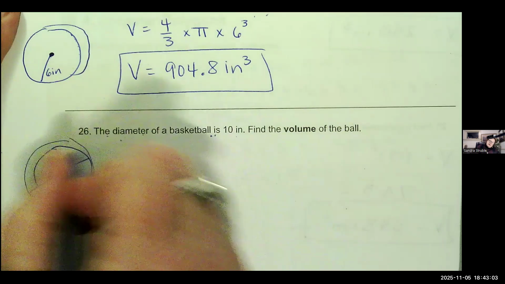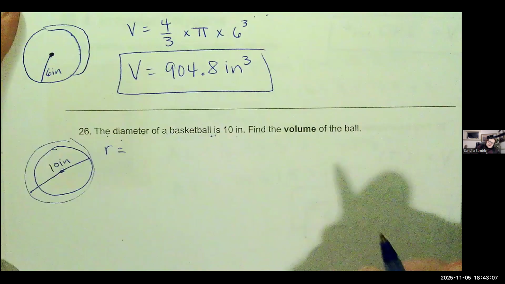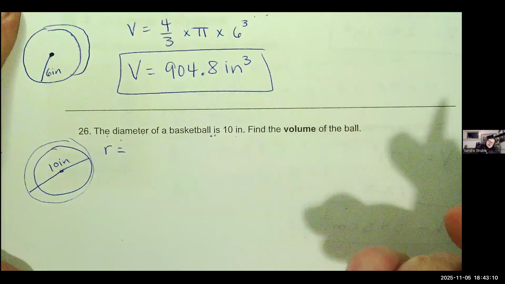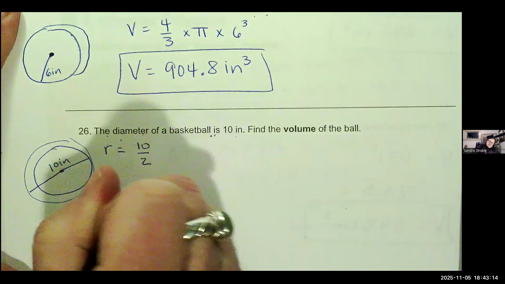Well, we need to know what the radius is in order to solve this because it's radius cubed. So diameter divided by 2 is 10 divided by 2. Our radius is 5 and the unit is inches.